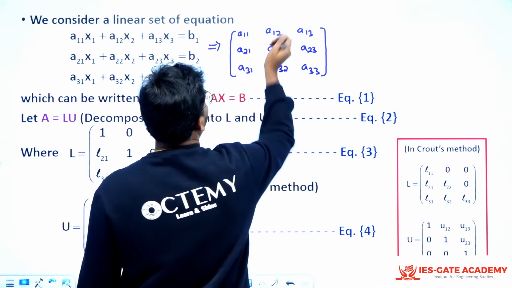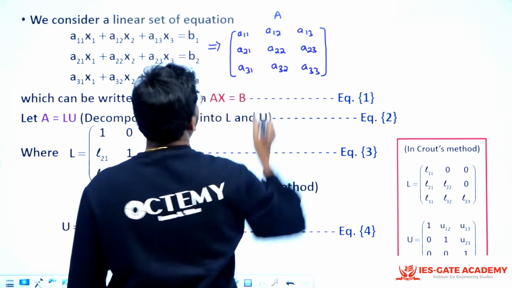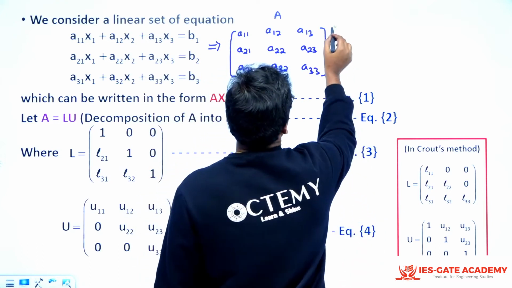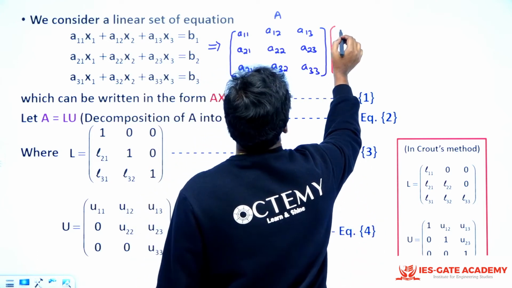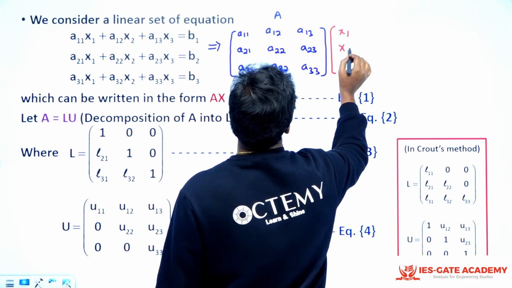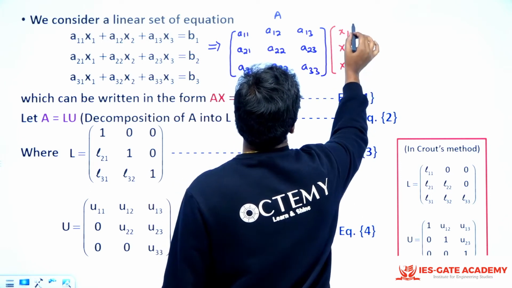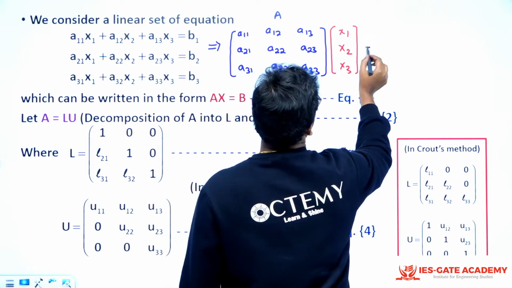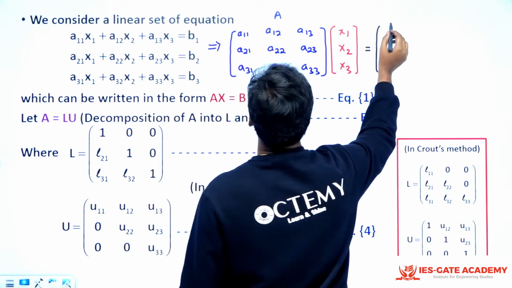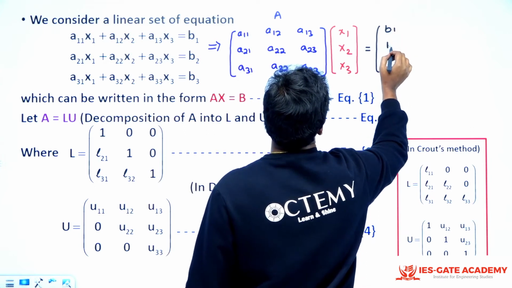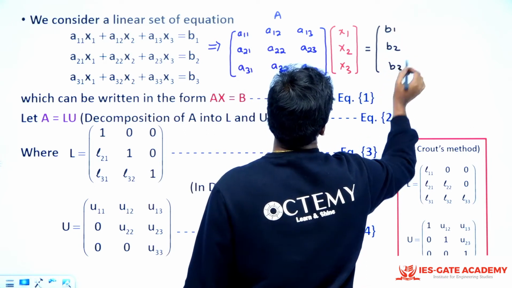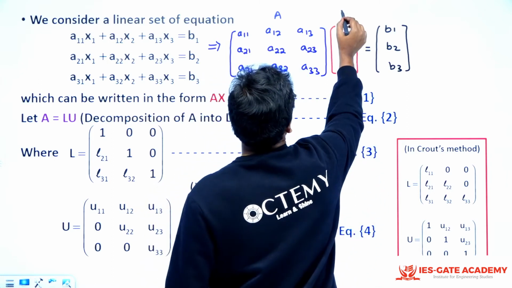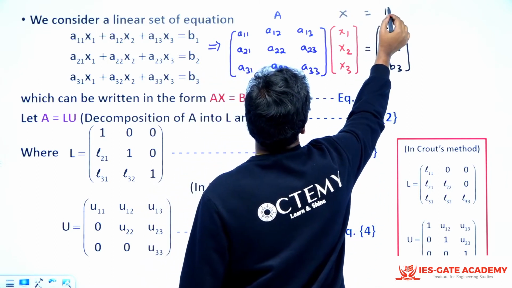This is your coefficient matrix A. And your unknown matrix is x1, x2, x3, and it is equal to your constant matrix b1, b2 and b3. This is basically your Ax = B system.